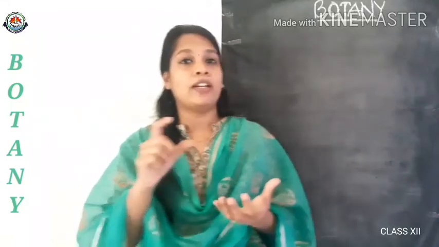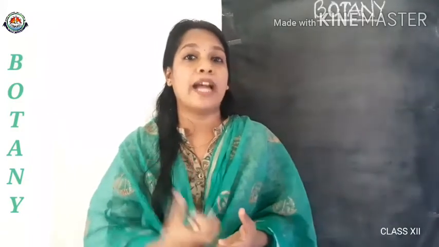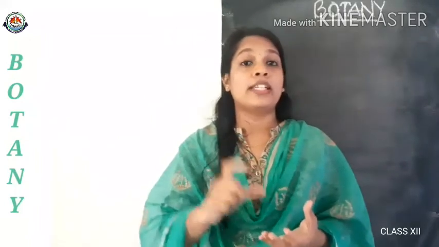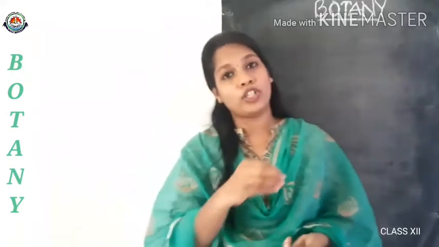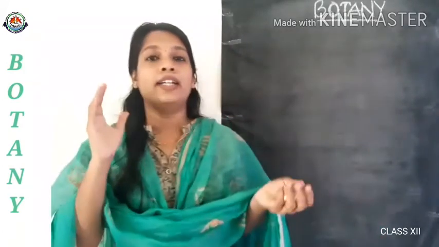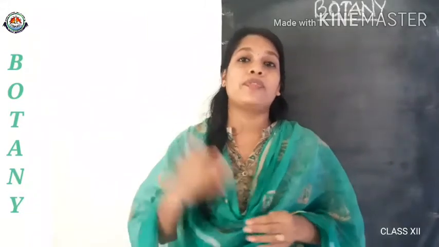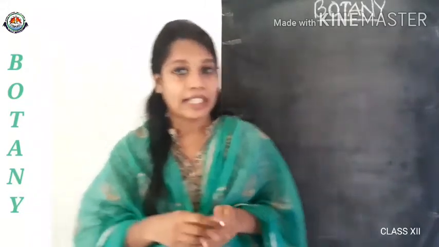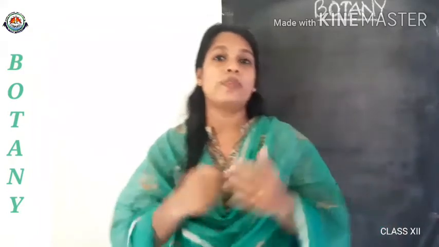We need to modify this bacteria because if it is inserted as such into a plant cell, it will cause cancer. So we need to modify the plasmid of the bacteria. Retroviruses are used as a vector in the case of animals. So that's all the things we have discussed in our previous classes.